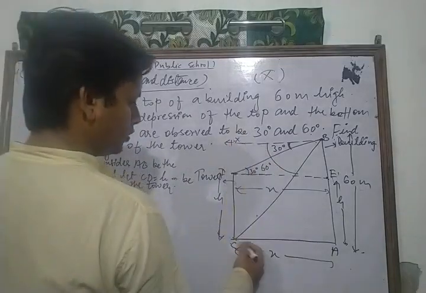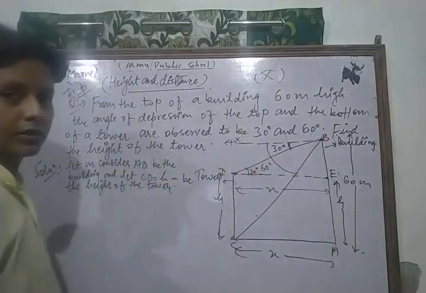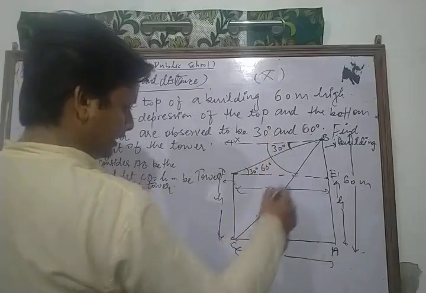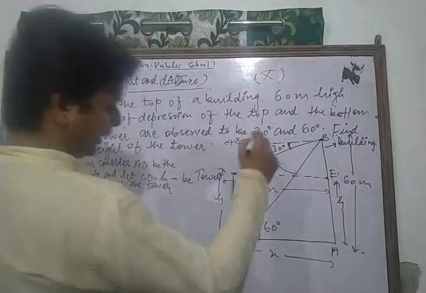Similarly BX is parallel to CA and CB is a transversal, then that angle 60 is the same as that angle.